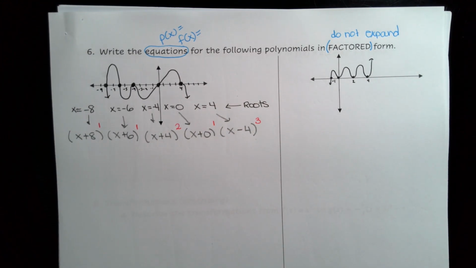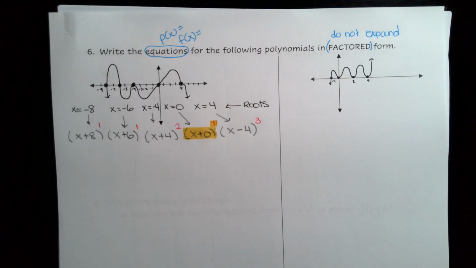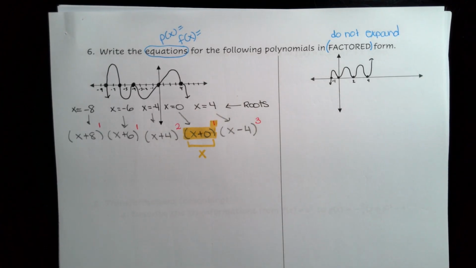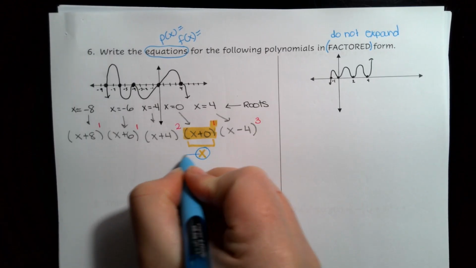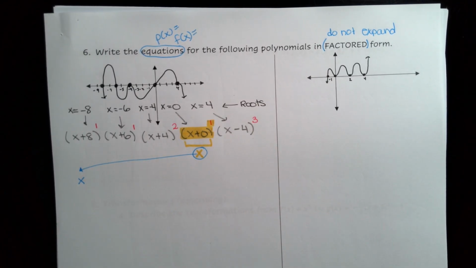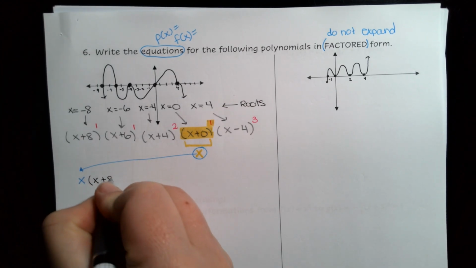Now, let's talk about this 0. If I have x plus 0, that's just x. We do need to simplify this factor here to just x. And now this is where I say order doesn't matter, but you do want to bring out this factor of x in the front. Otherwise, it just looks weird. Now, the rest of them, that part doesn't matter.